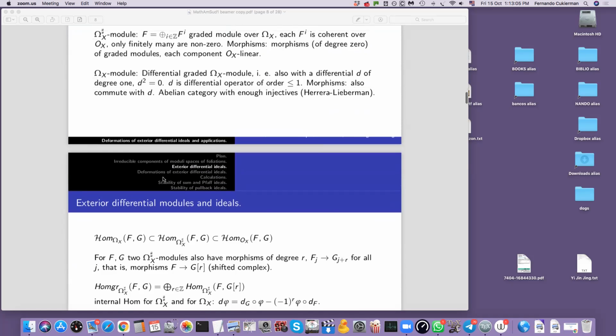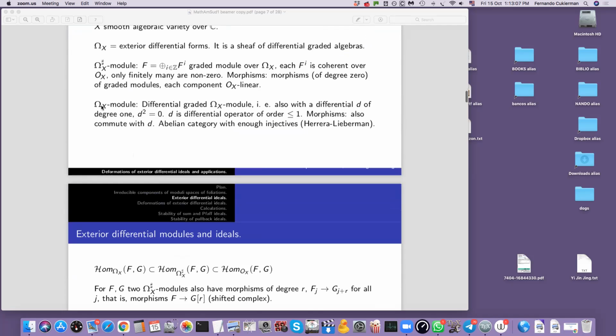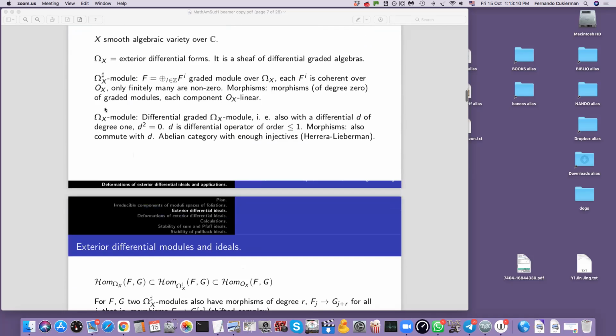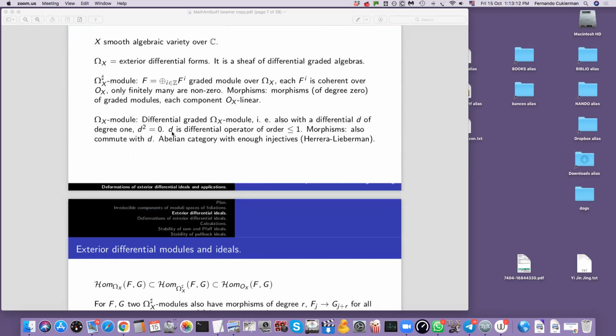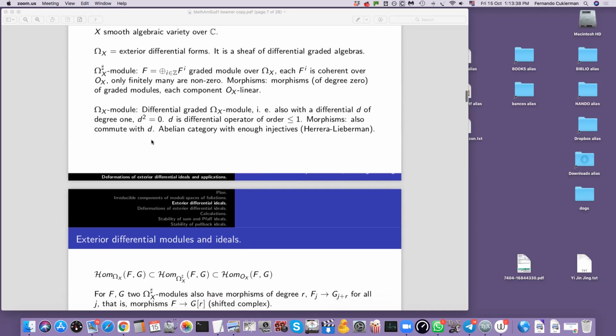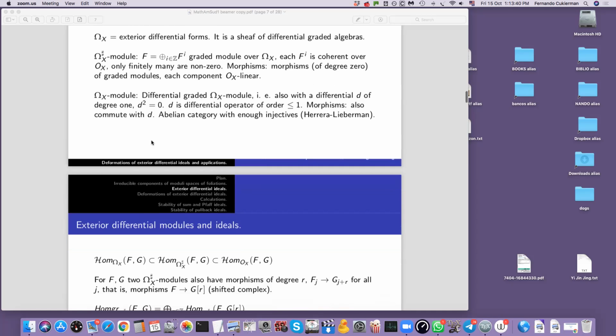The reason is that we will consider ideals, so sub-modules of omega, which are graded and are stable by the differential. This is what you have in the books in differential geometry, when they talk about exterior ideals, or differential ideals. This is basically the same.